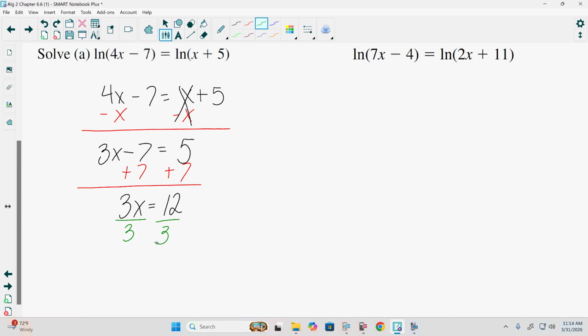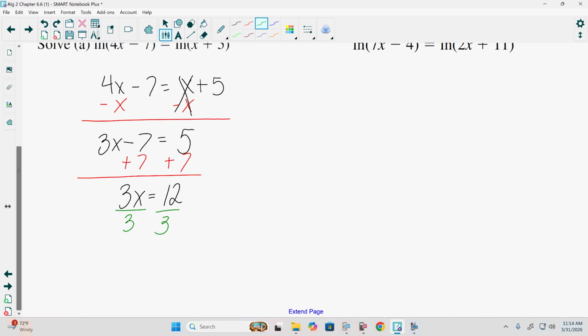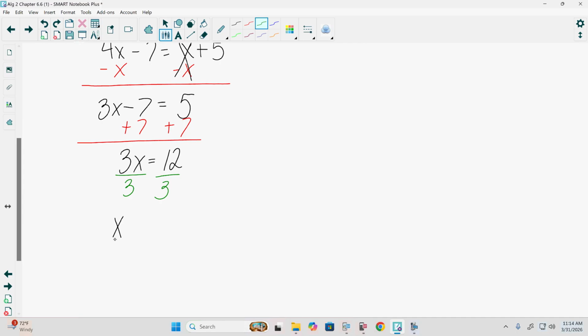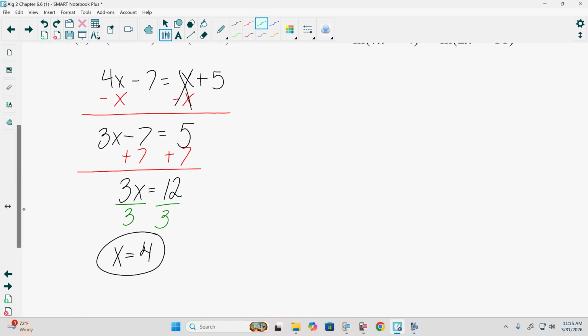Divide by 3. Extend the page. x is equal to 4.